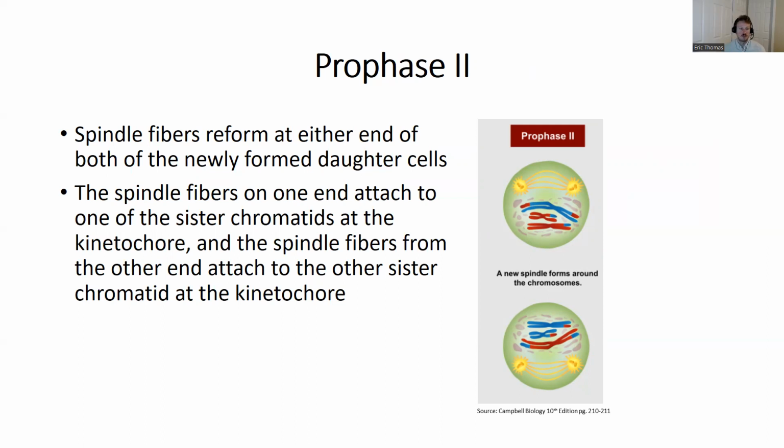So the spindle fibers reform, except now the spindle fibers on one end of the cell and the spindle fibers on the other end of the cell are going to attach to one of the sister chromatids at the kinetochore, and to the other sister chromatid at the kinetochore. So now we've got the spindle fibers attached to each of the sister chromatids on each of our 23 chromosomes.